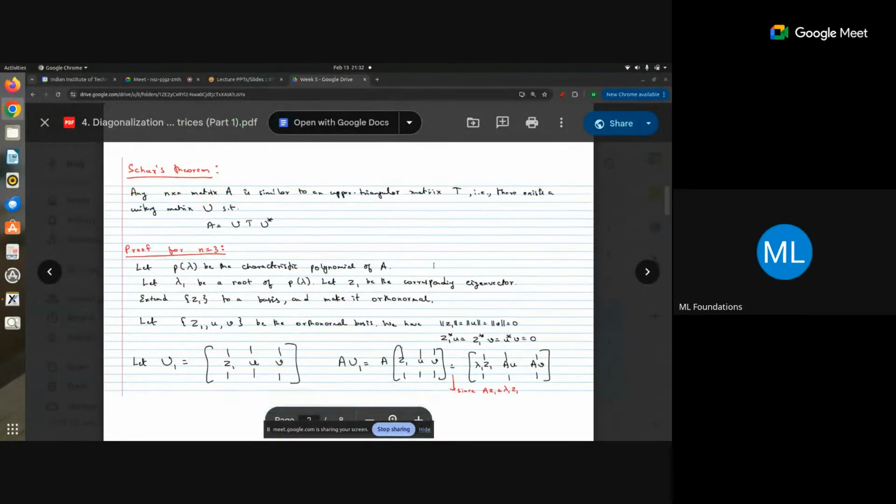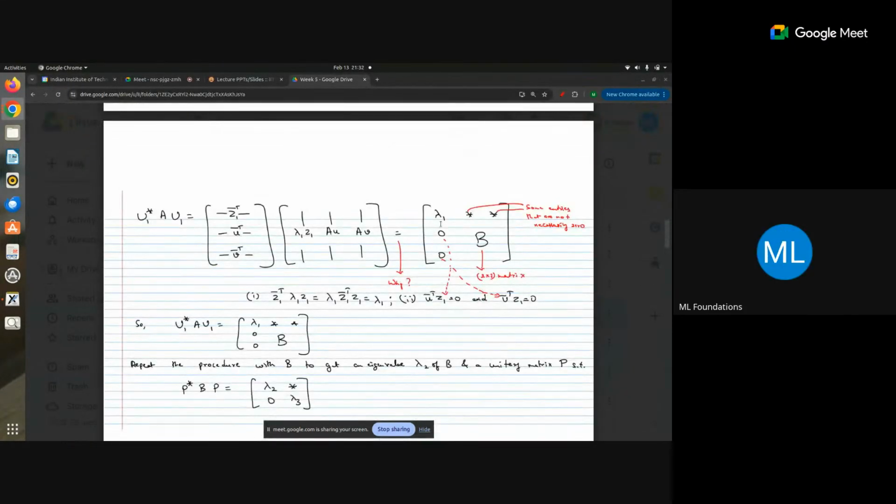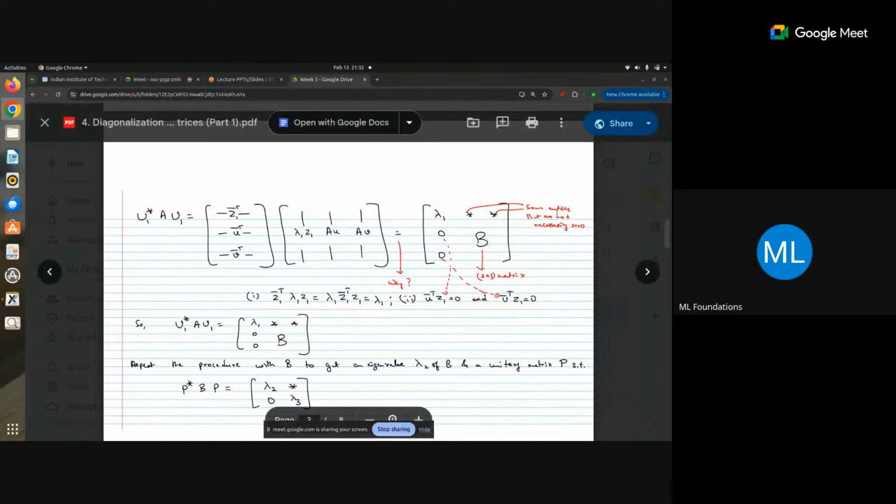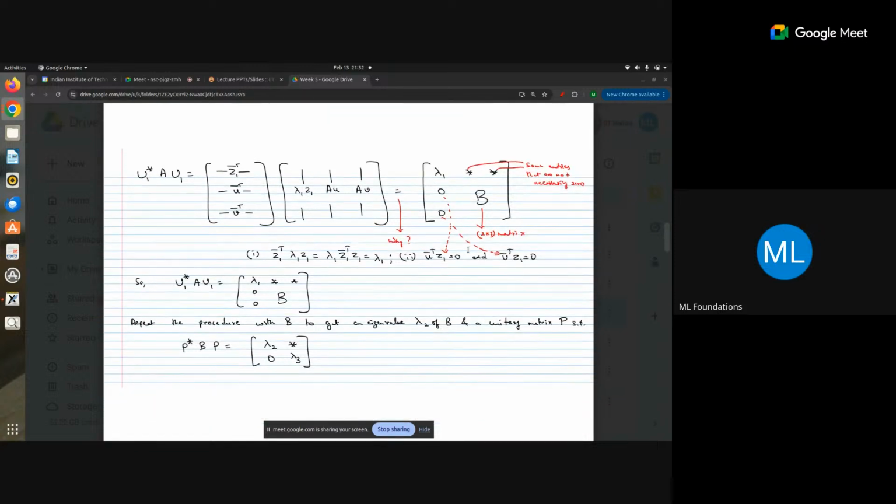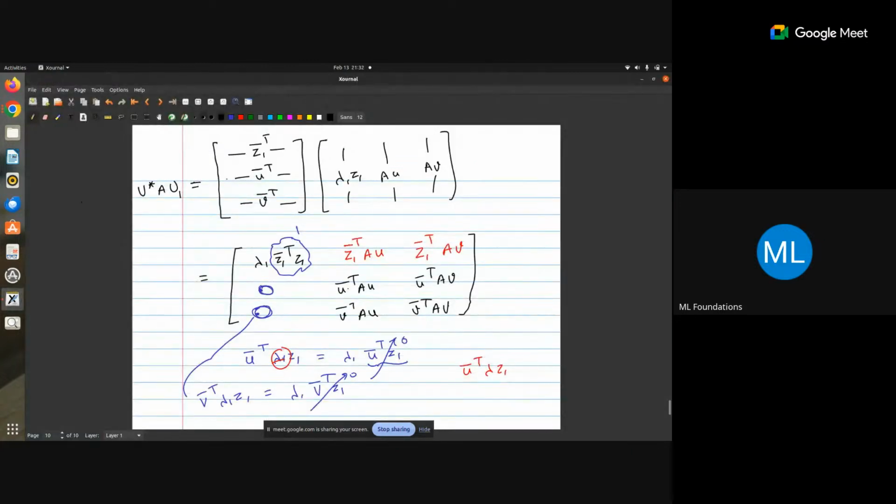So until this part, you understood these two were zero. These are some values, and this is called some matrix B. Again, we have to follow the same procedure as earlier for this matrix.